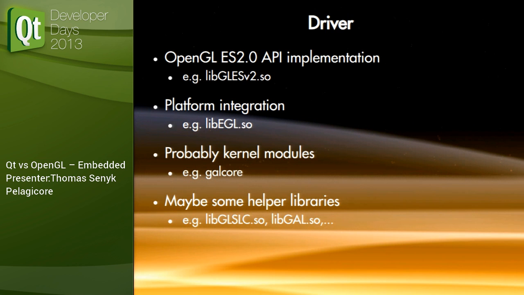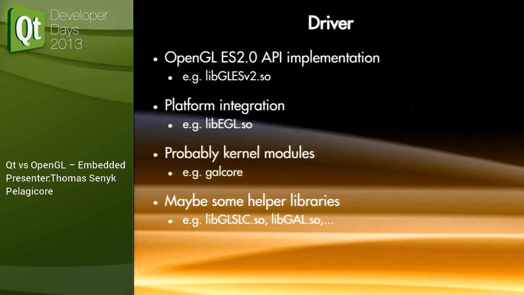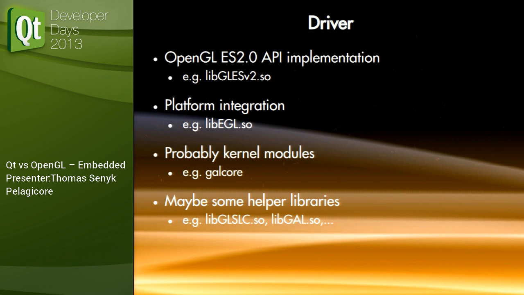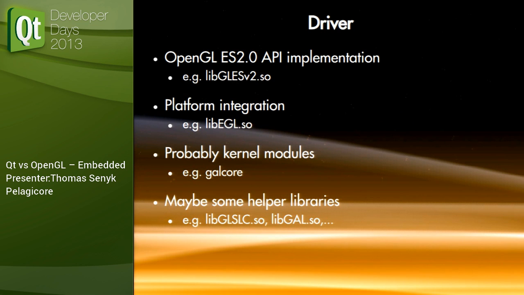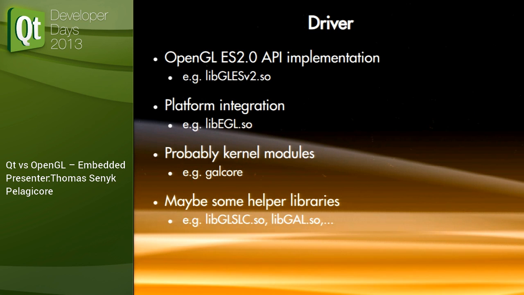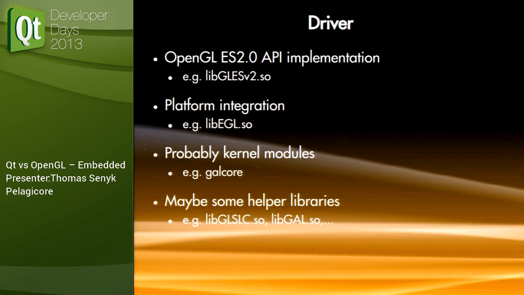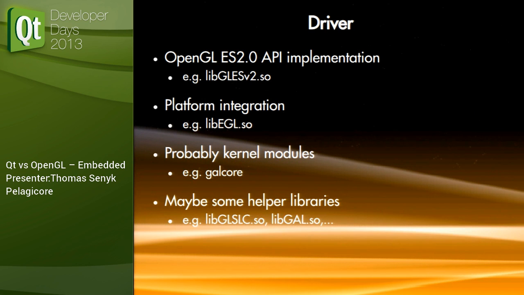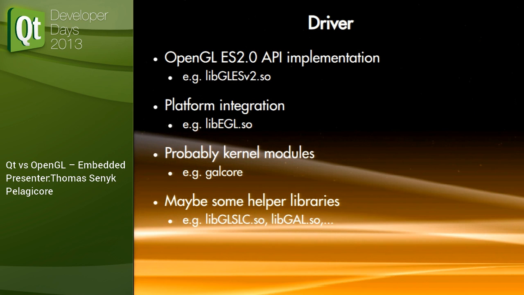The driver consists of 2, 3, or 4 things. It definitely and absolutely has to provide the implementation of the API. We have seen in the definition of OpenGL from Wikipedia that it's an API, and OpenGL ES or any OpenGL version is really just the API. It's a definition of an interface. It's not an implementation.